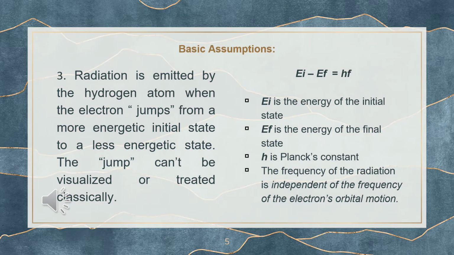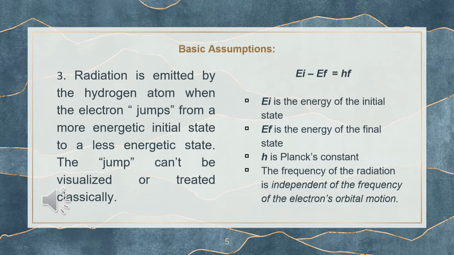The third assumption: radiation is emitted by the hydrogen atom when the electron jumps from a more energetic initial state to a less energetic state. The jump can't be visualized or treated classically.